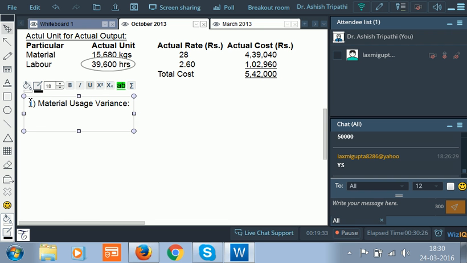And again, in exam, short forms are not allowed. You will have to write the full form.